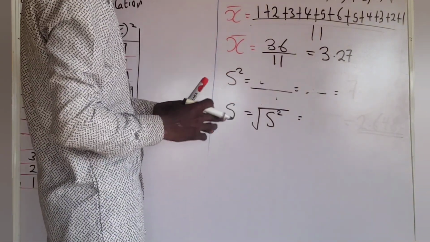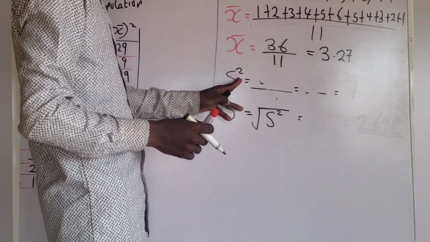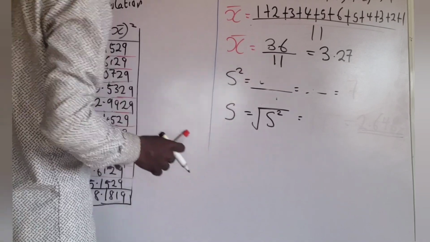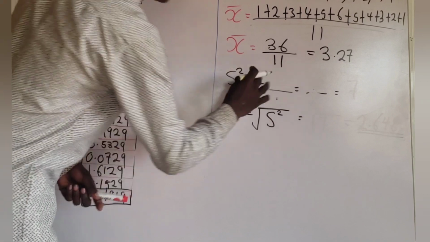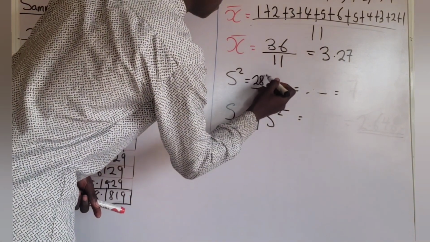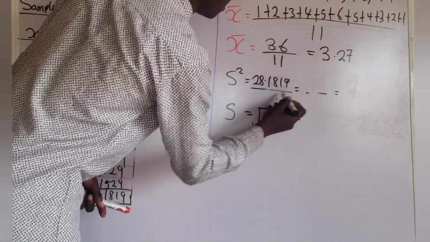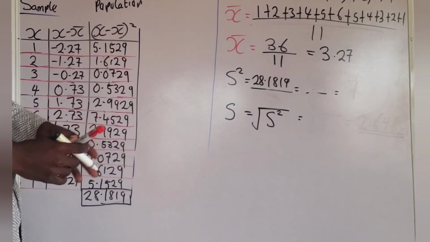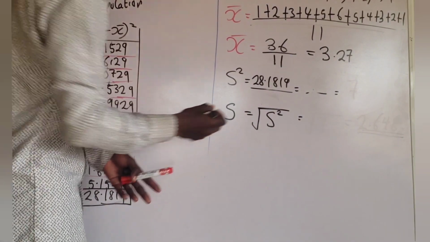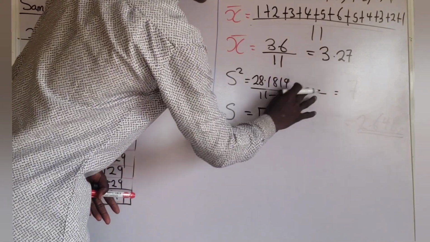From this, I can easily determine the variance. S squared is the variance. S squared is equal to the sum of all these values, which is 28.1819, all over n minus 1. N is what? 11. You understand? So I'm going to have 11 minus 1.